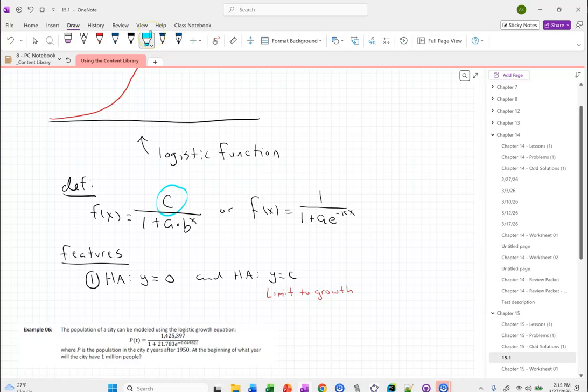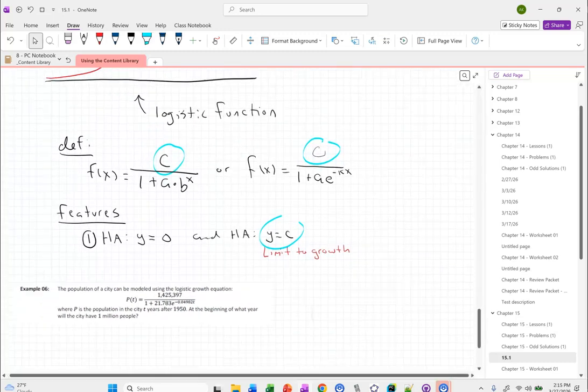Notice that c, oops, that's a typo, is the numerator of the logistic function. That'll be like the upper bound or the limit to growth or the carrying capacity. You could use those terms all interchangeably.